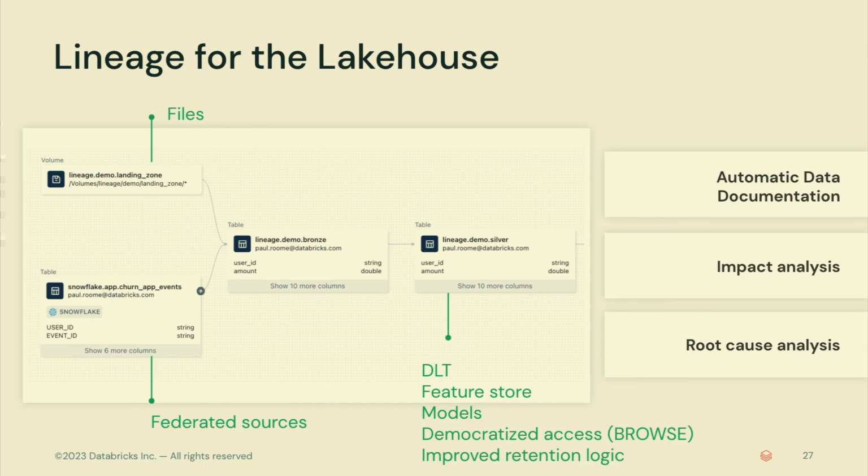This is really useful for discovery, right? If you're trying to understand what this table means, have a look at what sources it pulls from. Also, impact analysis. If you're a data engineer and you've been told you've got to deprecate this column in your table, who's going to scream at you tomorrow when everything goes wrong? And then finally, root cause analysis. So tracking down what went wrong when something does.